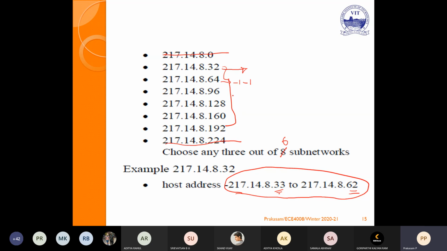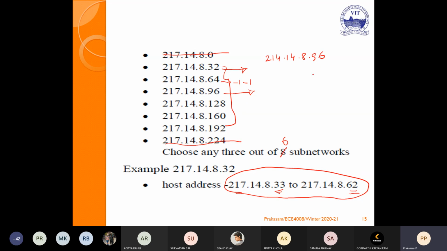Let us assume I am choosing .96 for the second subnet, so 217.14.8.96. I could choose 64 also, but let us assume I am choosing 96 for the second subnet.